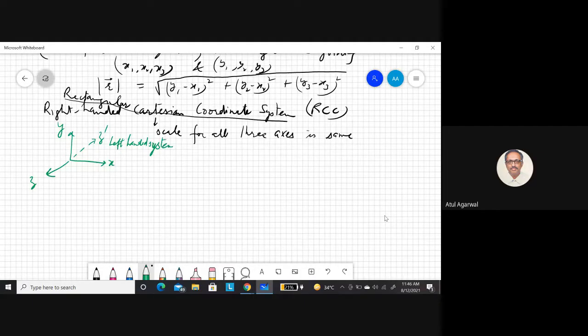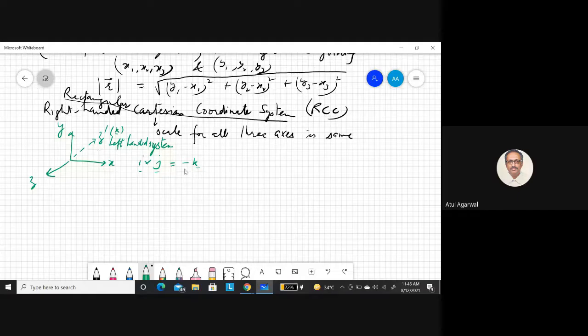Now in a left-handed system, i cross j is equal to minus k. So this direction is k. We always define a cross product by the right-hand rule only. But had you chosen your coordinate system as x, y, z prime, then your screw i cross j has to be coming outward, but your positive z direction is inwards.